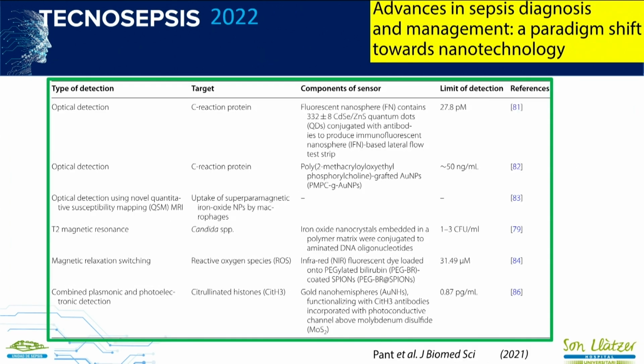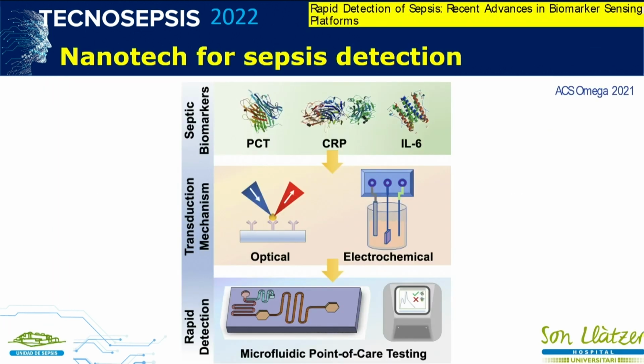It's possible to view in this slide that the limit of detection depends so much on the technique and the material that you use. For example, the most common, CRP, is used in different methods, and as you see in TEDOS magnetic resonance, the identification is not only of Candida but of other pathologies.